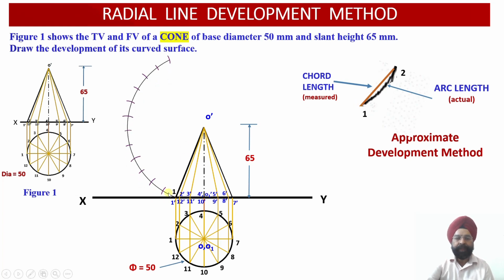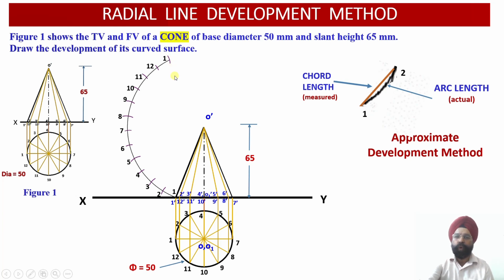Starting from 1, then the second point, third point, fourth, fifth, sixth, 7th, 8th, 9th, 10th, 11th, 12th and get back to 1. I have started from 1, moved forward till 12 and then got back to the first point, so that my starting point and end point are the same.